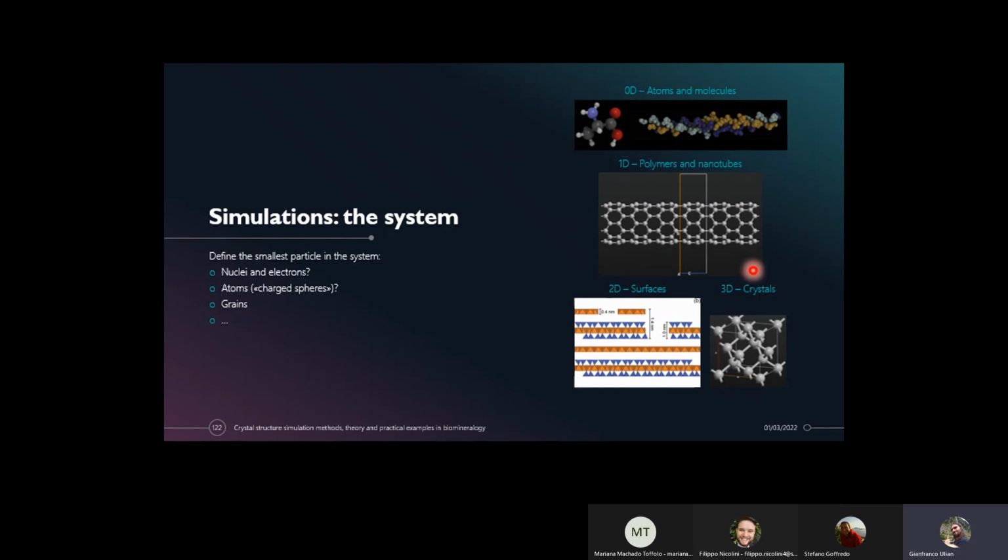Because if you repeat the unit cell in space by translation, you obtain the whole object. So the overall properties of your mineral are given by the unit cell. So this is another reason for the importance of crystallography.